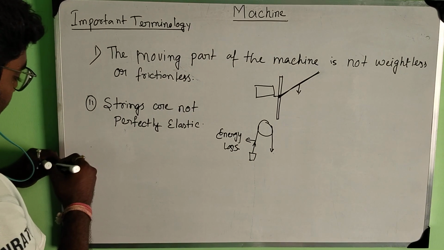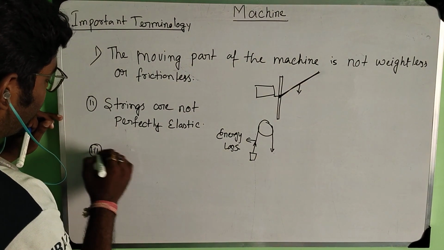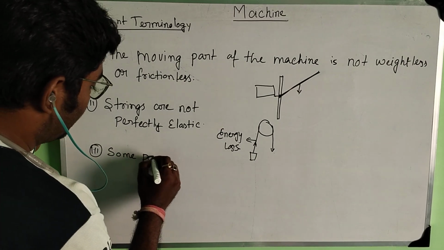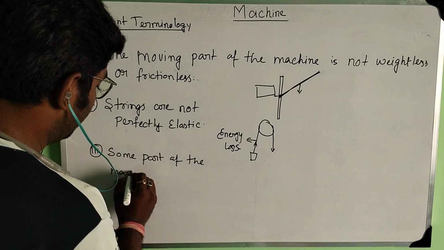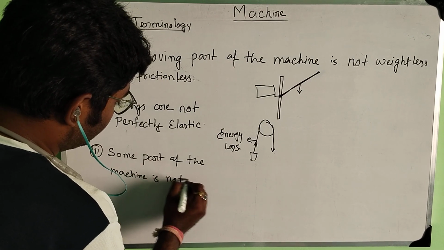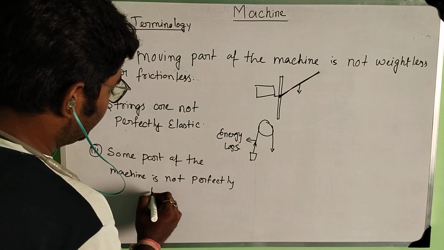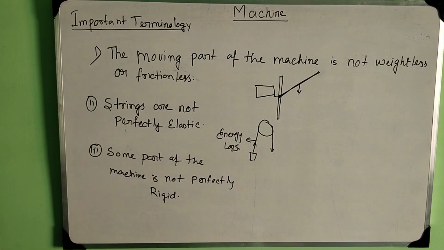Again, third point is some part of the machine is not perfectly rigid. Now we know that if the body is not rigid, then obviously it will change its shape.